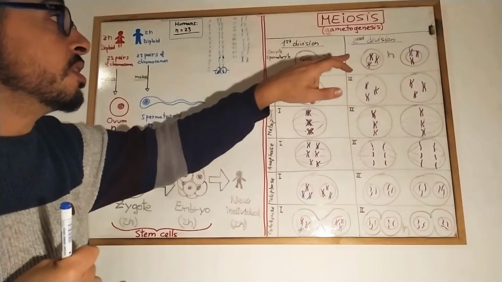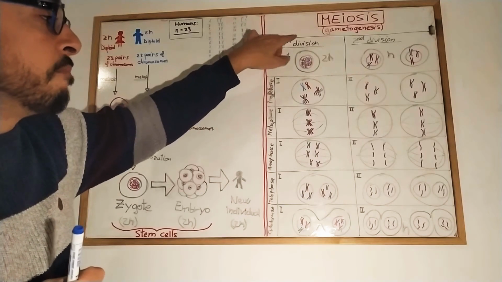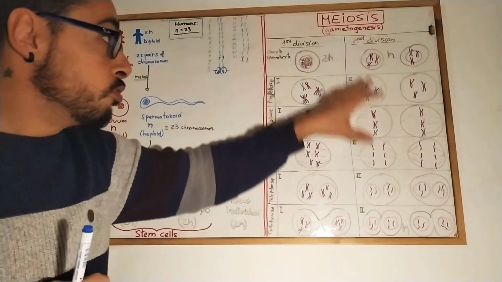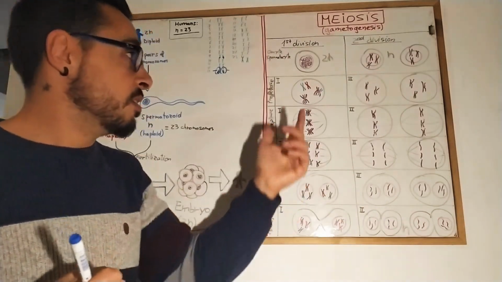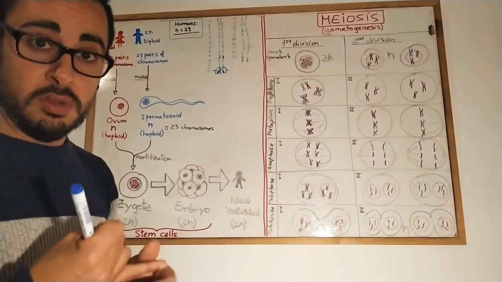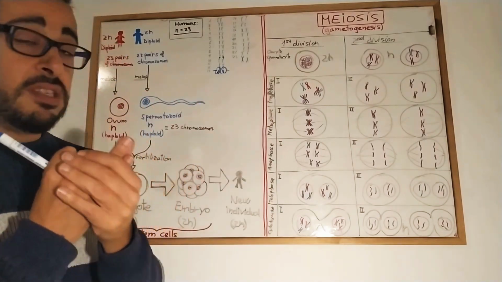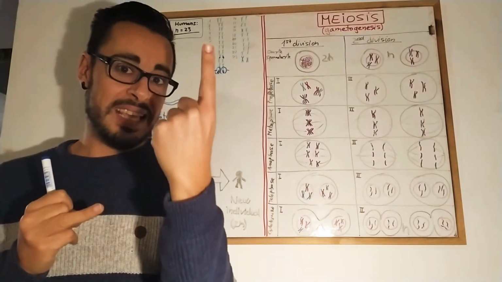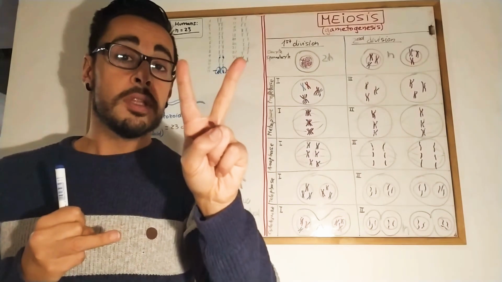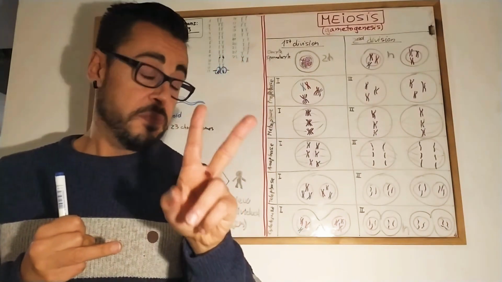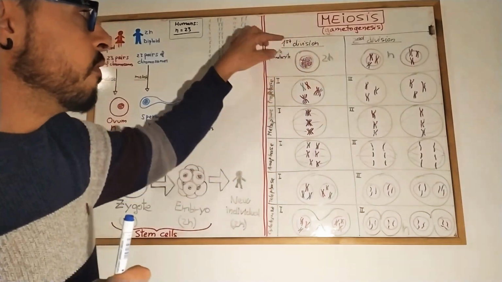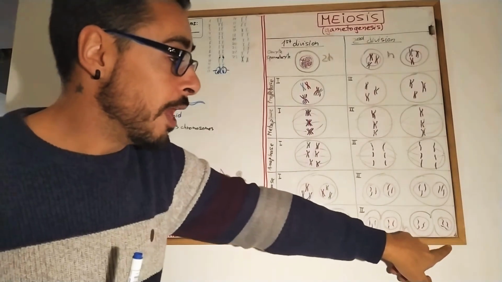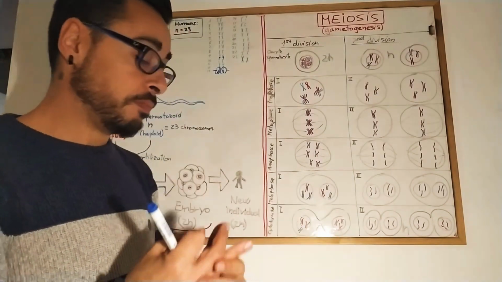But the purpose of meiosis is making sexual cells or gametes. Second difference: in mitosis, from one diploid cell, we obtain 2 diploid cells, and in meiosis, from one diploid cell, we obtain 4 haploid cells.